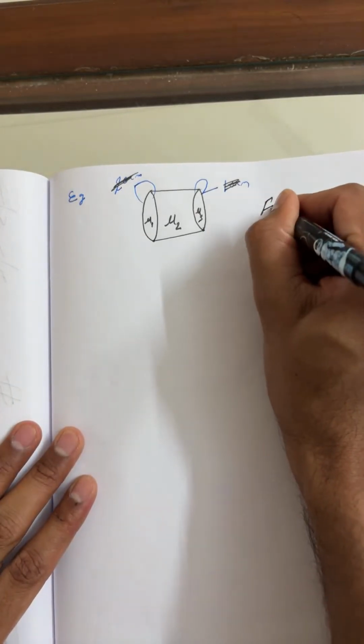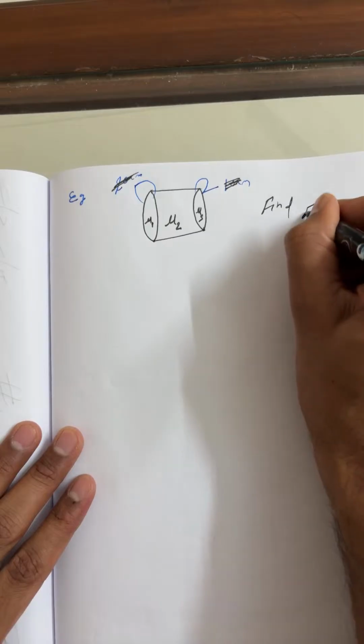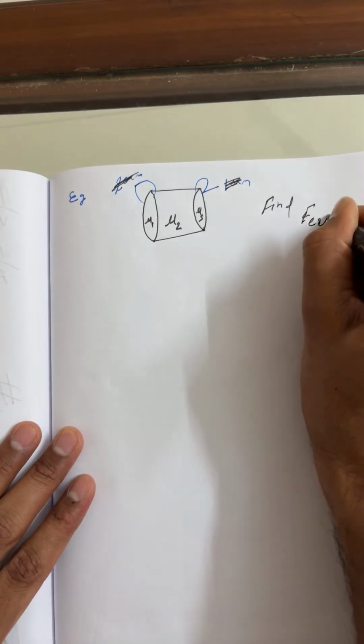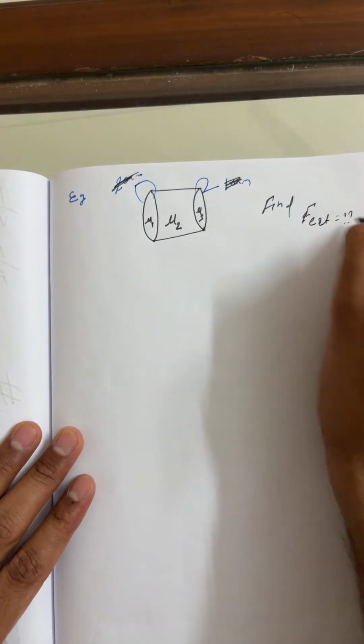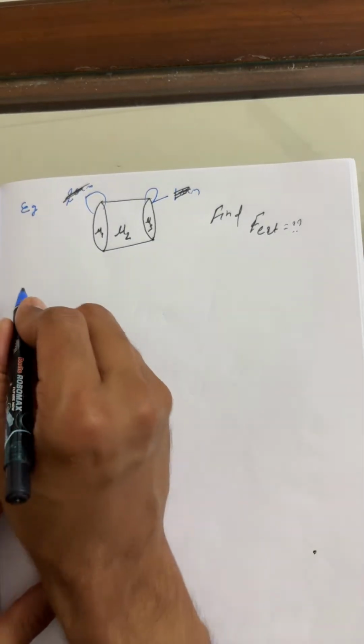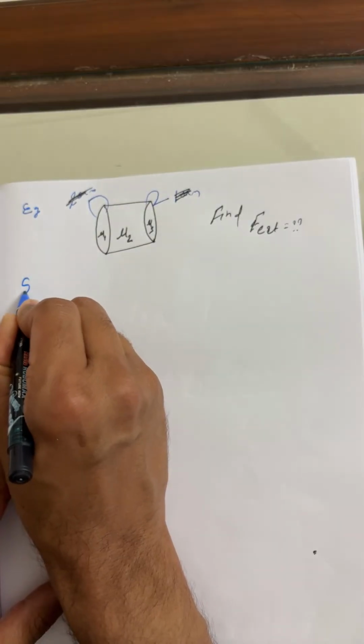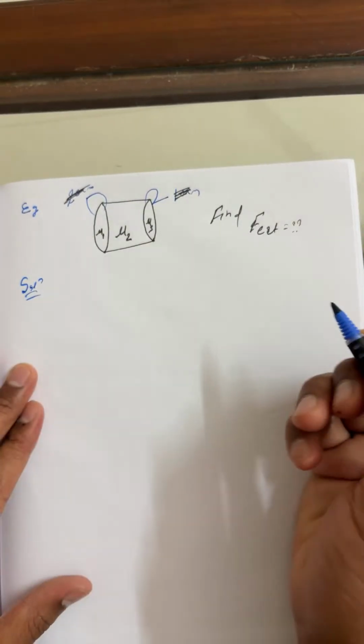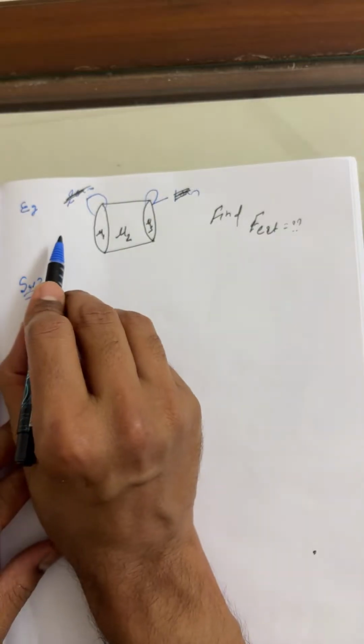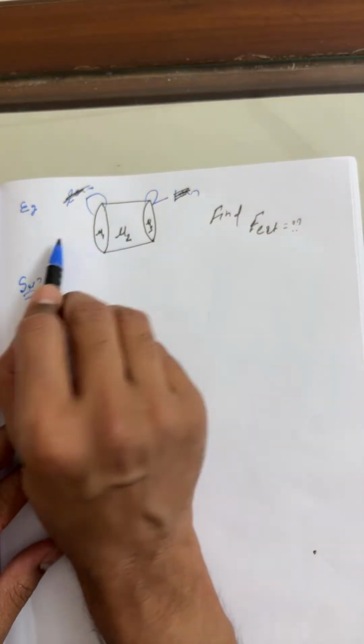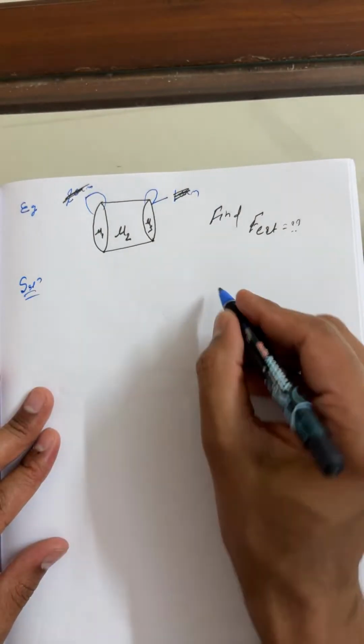So what's the question? Find F equivalent. Right, students? Now I'm going to find one by one. It's your choice; here I'm considering the ray coming from this side, left to right.